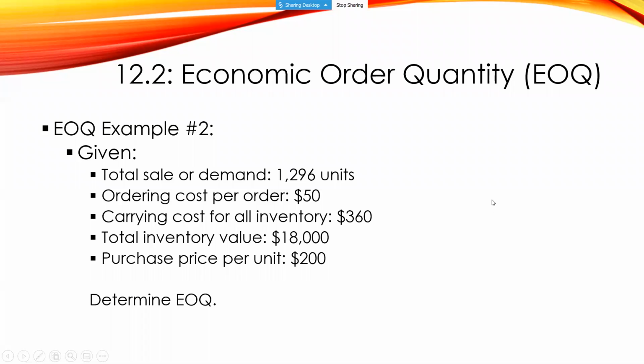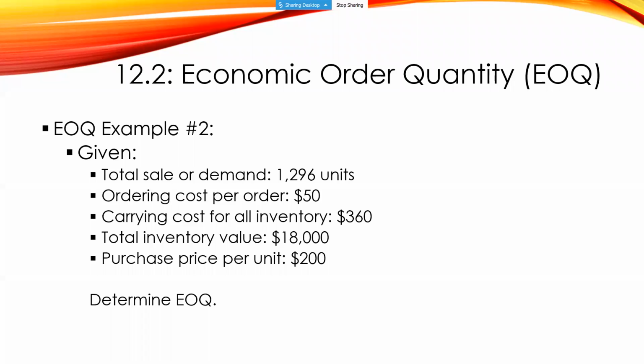Ran through the whole shebang. This time we were given the purchase price per unit that we weren't given before, the total inventory value, and the carrying cost for all inventory. That was the same carrying cost that we derived earlier.